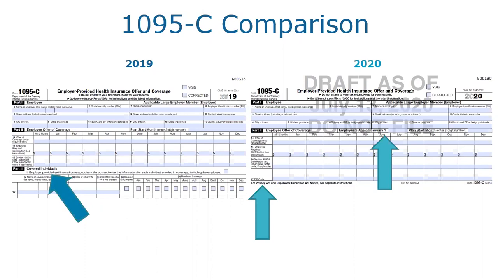Part 3 is that section for our self-insured plans where dependent information needs to be brought down. For 2019, line 17 would have contained the employee's information. Then lines 18 and on would be for their dependents. So keep in mind, line 17 for 2020 is now asking for the employee's zip code.